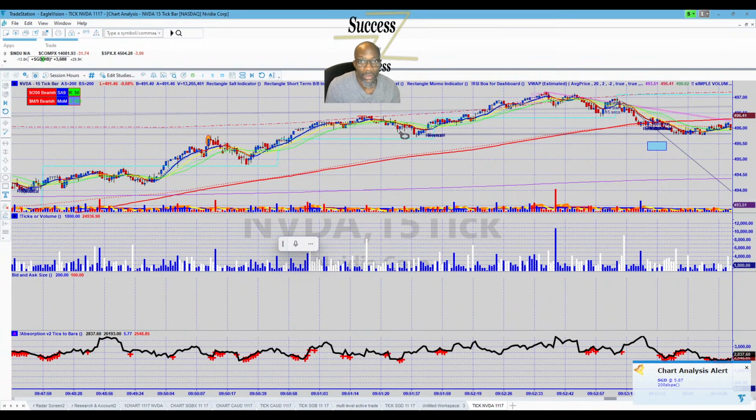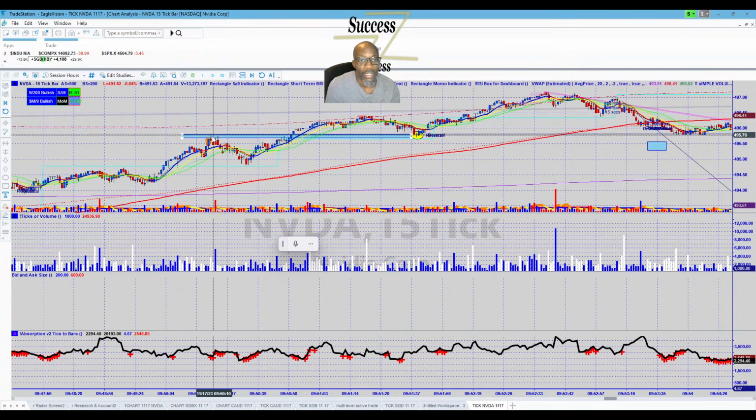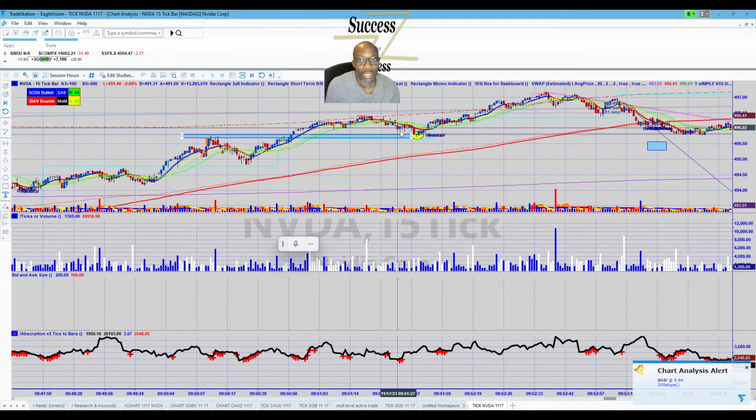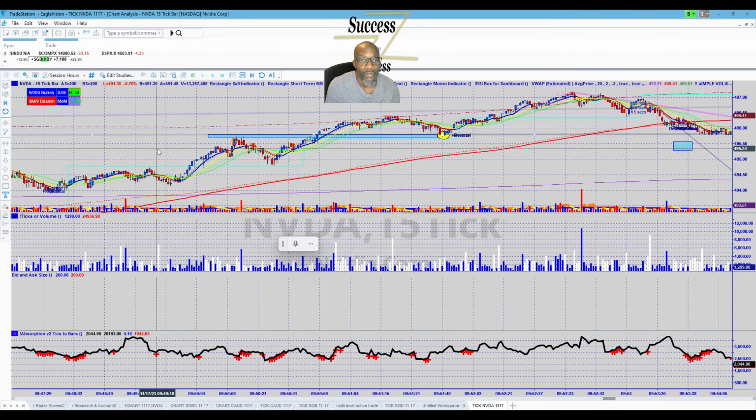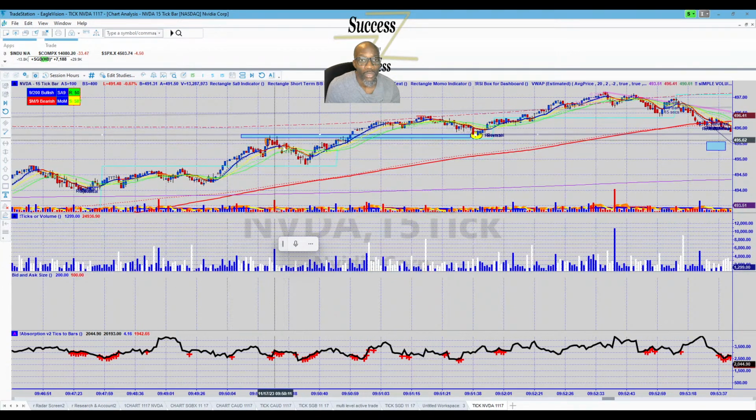This reversal happened at the same general place as the buyers rested. Buyers rested here, and then it continued to move up, and then the buyers just resumed, right? This wasn't like a true seller move.